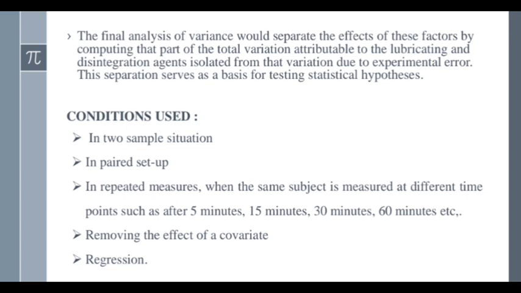The final analysis of variance would separate the effects of these factors by computing the part of total variation attributable to the lubricating and disintegrating agents, isolated from the variation due to experimental error. This separation serves as a basis for testing a statistical hypothesis.